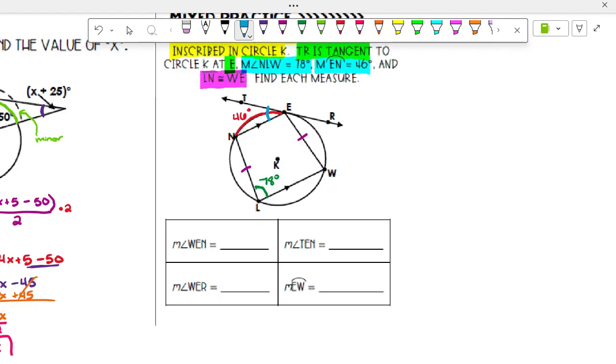So this is an inscribed angle. So what's the connection? How do I find it? It's inscribed. Half of the arc. What's the arc? 46. So I'm going to do 46 divided by 2, which will be what? 23. So this angle is 23 degrees.